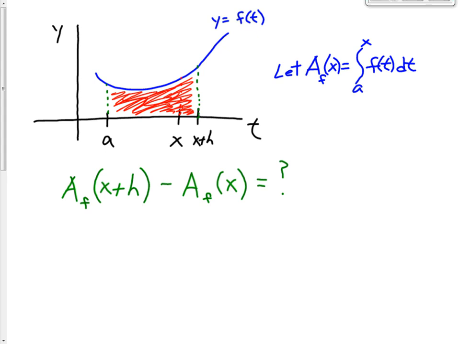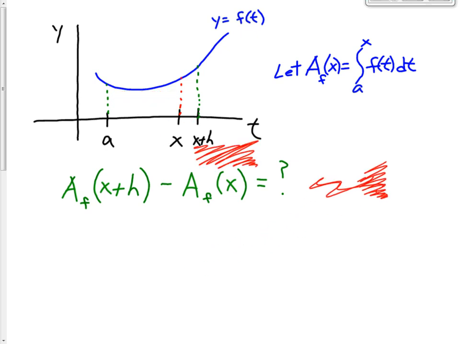A sub f of x gives me the area just from a to x. So what would the difference be between those two areas? Well, that should give us this area in here. So that's the area that's represented by that.